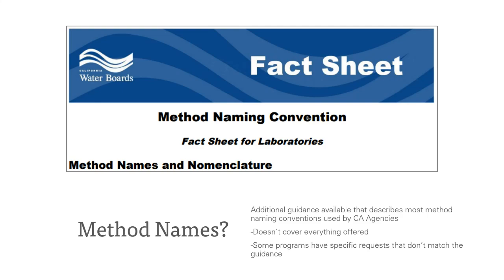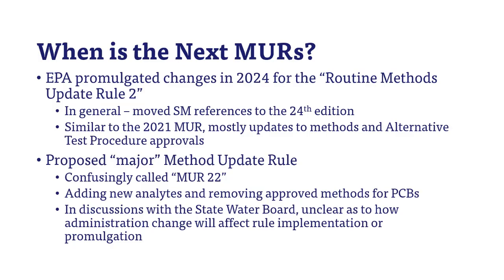Next slide, please. So that next method update rule, there's actually two of them. For those of you who are unaware, there's one of them that has been promulgated and approved now, so it's in the CFR, and EPA has called it Routine Methods Update Rule 2. It's very similar to the 2021 method update rule. It's mostly updates to methods that are already there, and there's a few ATPs that are approved.